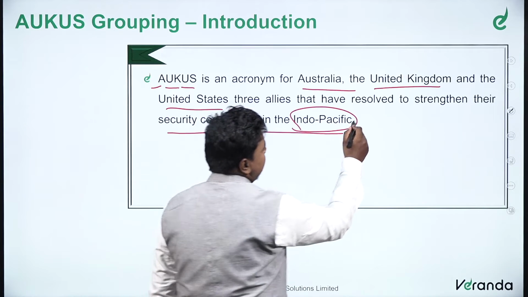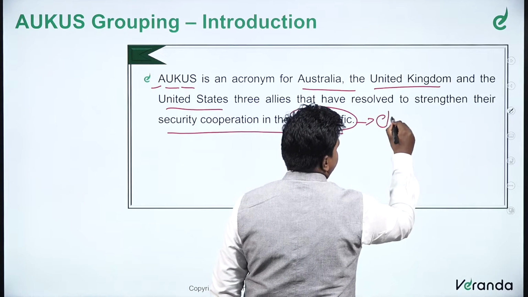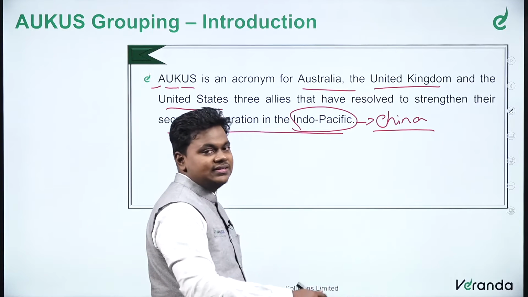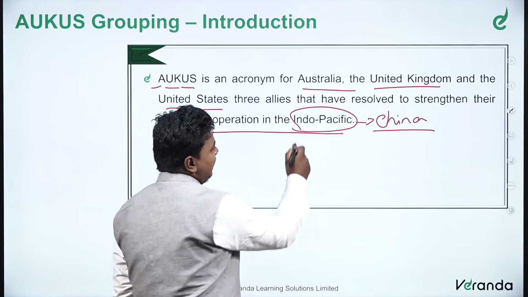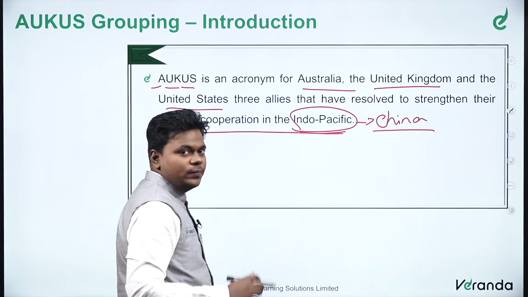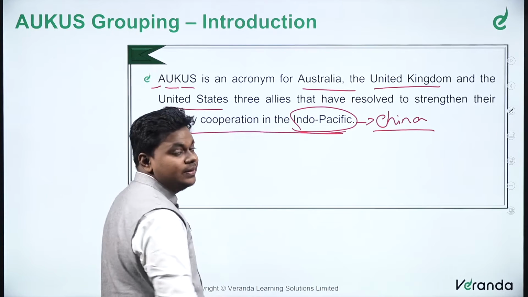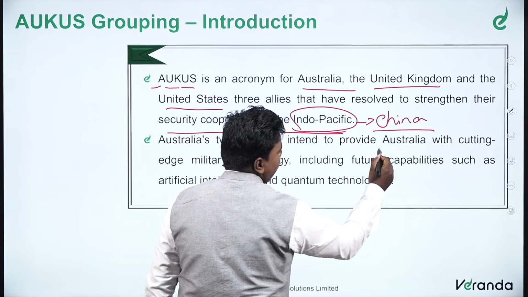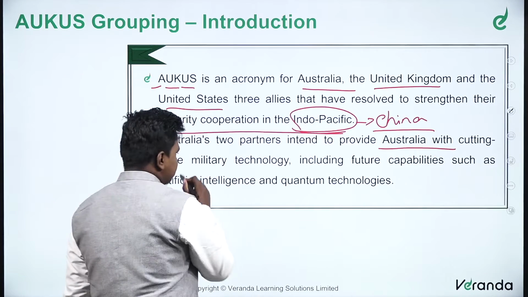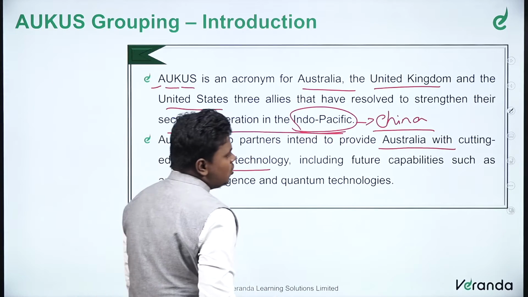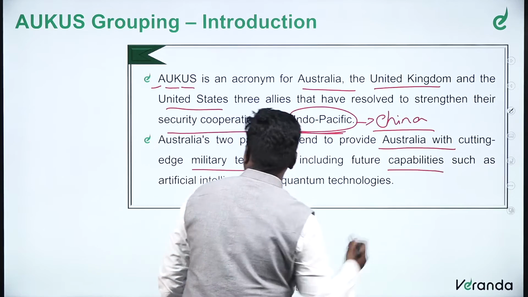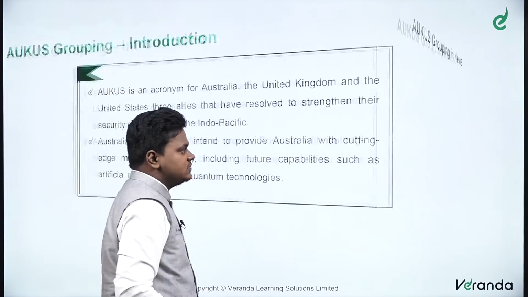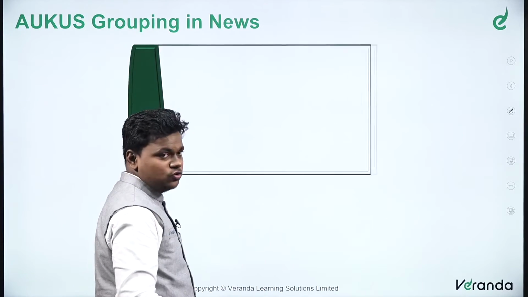Because of the Chinese influence, because of China's increasing dominance over the South China Sea and the adjoining Indo-Pacific region. Because of that, this group was formed now. Australia's two partners intend to provide Australia with cutting-edge military technology, including future capabilities such as artificial intelligence and quantum technologies.